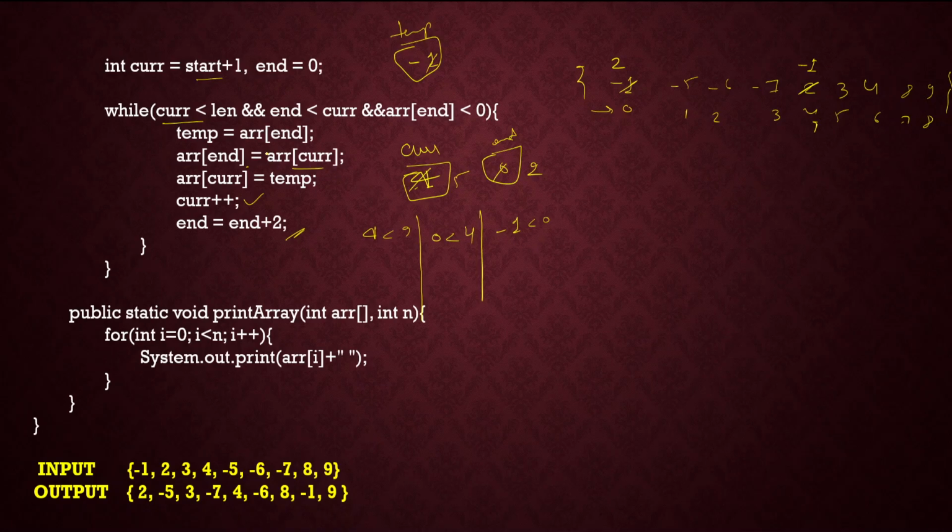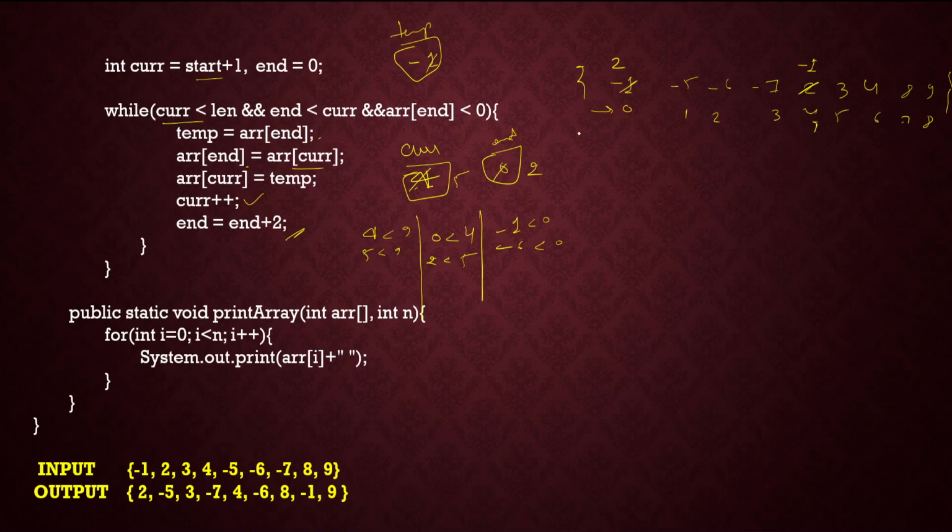Okay. Now again come to the very next iteration. Now current, 5, is less than 9. Correct. And end, 2, is less than current, 5. Correct. Value at 2 is -6, less than 0. It is also correct. What again do we have to do?